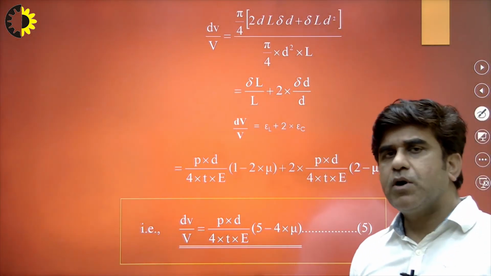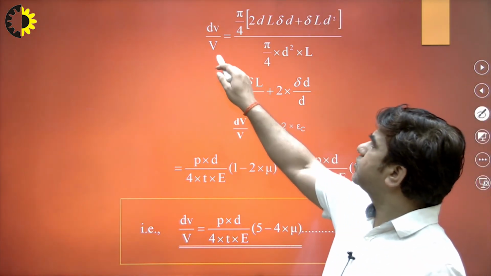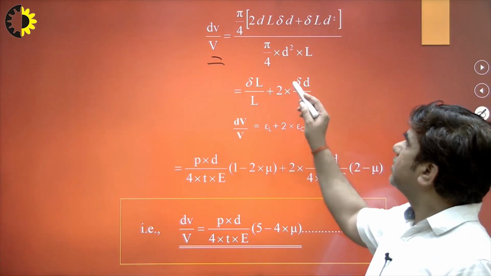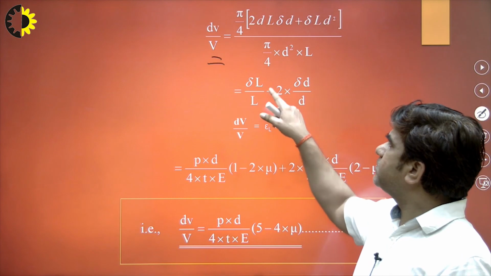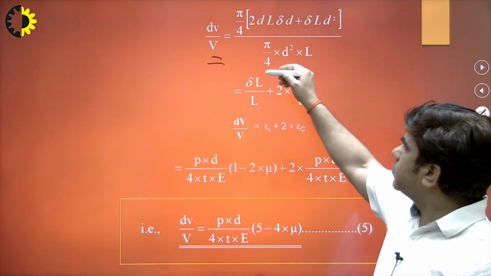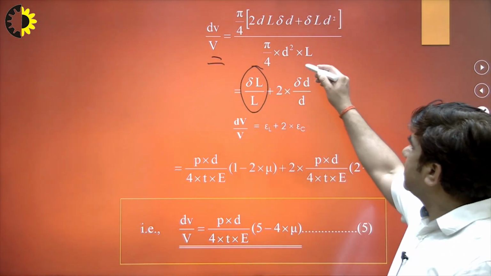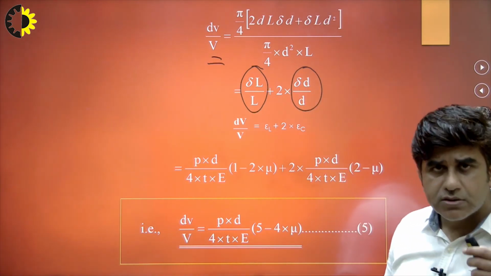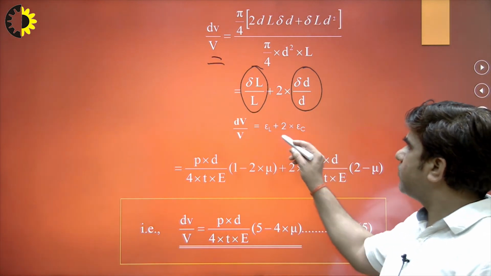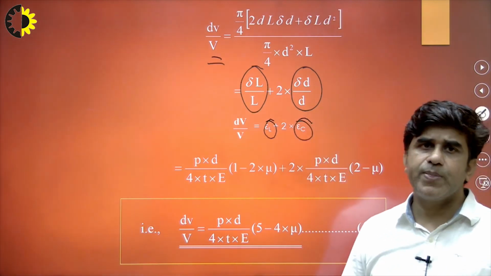So, once we are known about the change in volume and initial volume is known to us, then this volumetric strain can be calculated. After simplifying this, it becomes del L upon L plus twice into del D by D. So this del L by L is nothing but the longitudinal strain, and this del D by D is nothing but the circumferential strain. So volumetric strain is the sum of longitudinal strain plus 2 times the circumferential strain.